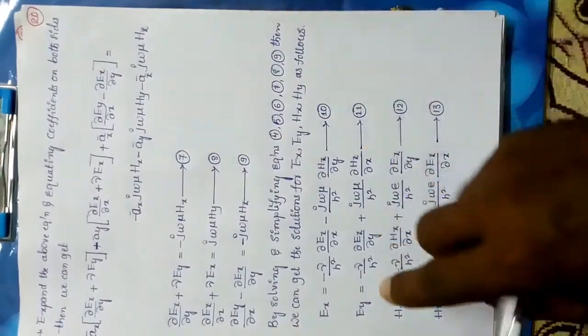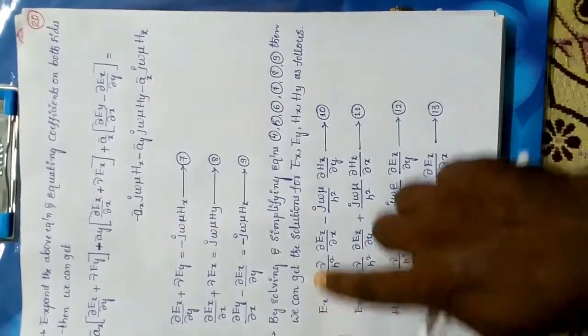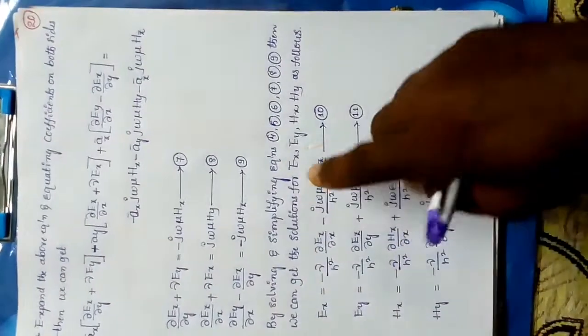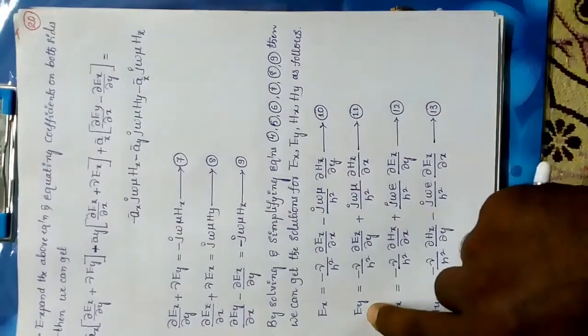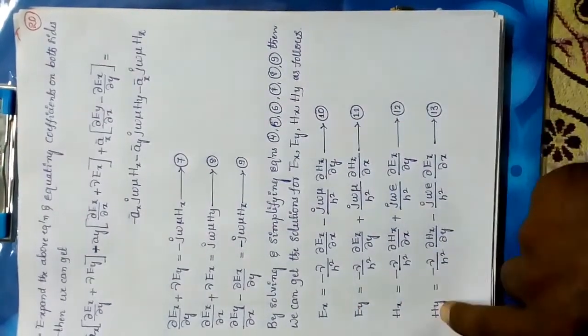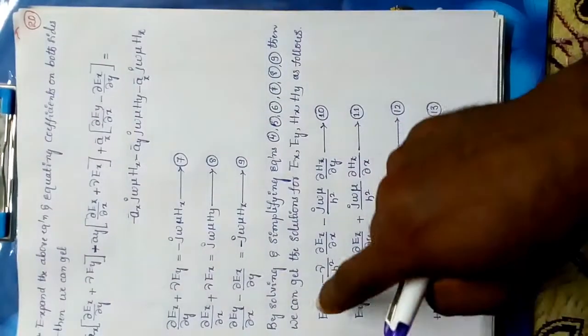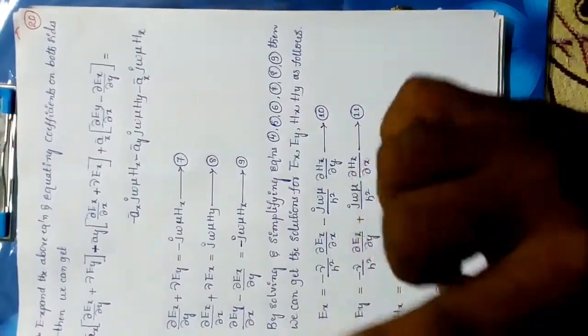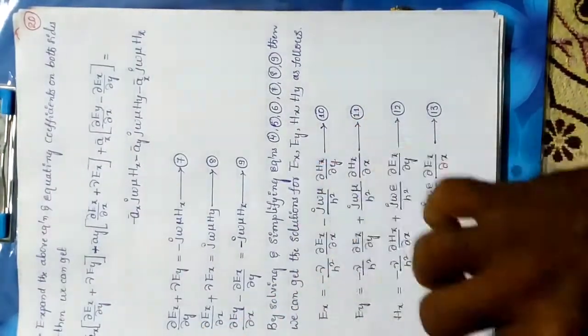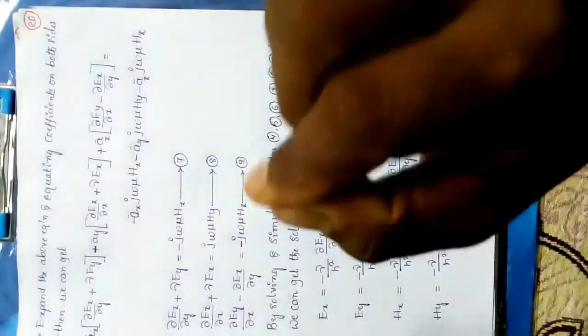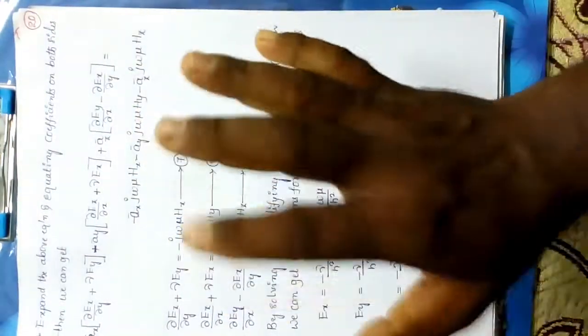After we get these equations, I want the Ex value, Ey value, Hx value, Hy value. Why do I want these values? To check whether TEM mode exists or not. You check whether these four values exist or not in a rectangular waveguide. That is the purpose of this topic.